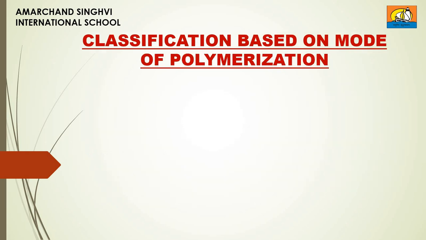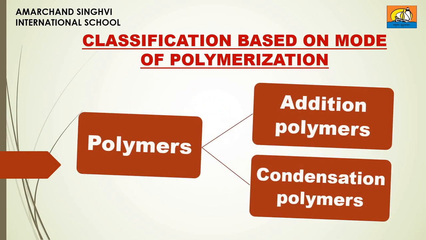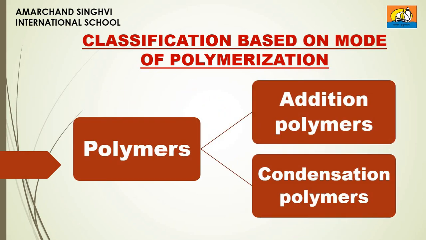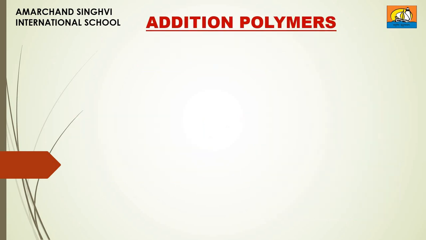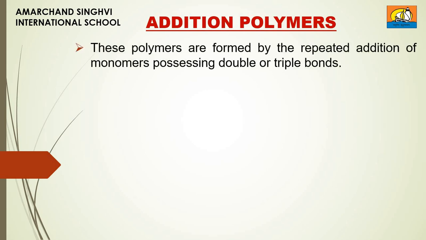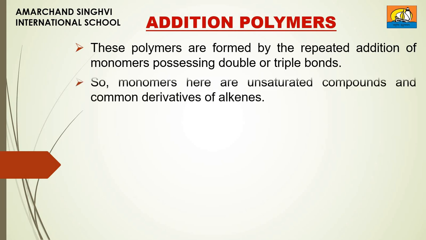Let's now come to a different classification. On the basis of mode of polymerization, polymers are divided into two subgroups: addition polymers and condensation polymers. Addition polymers are formed by the repeated addition of monomers possessing double or triple bonds.